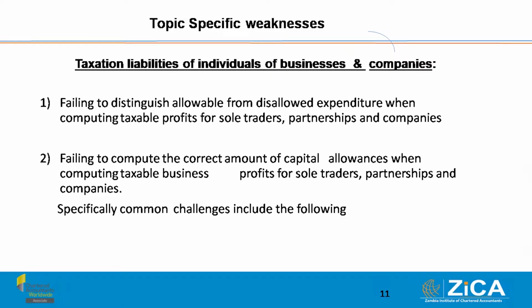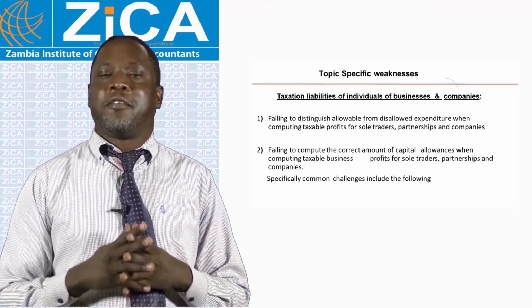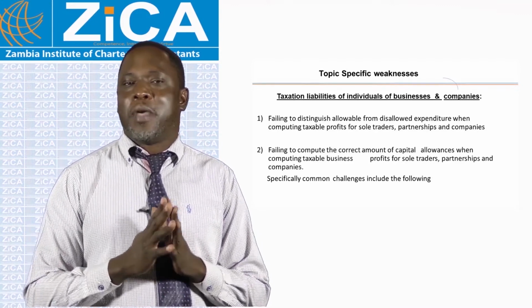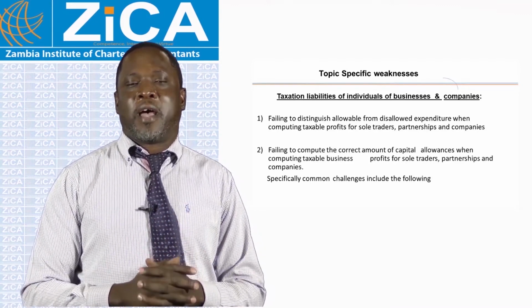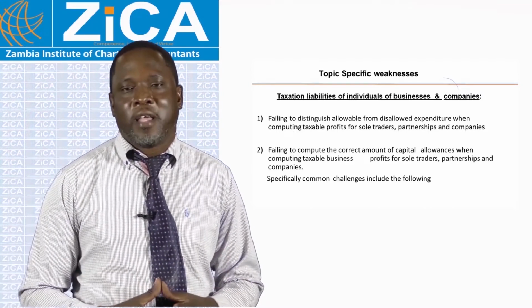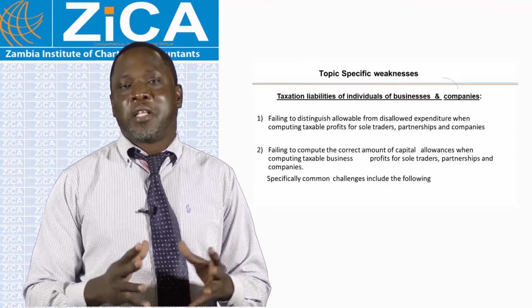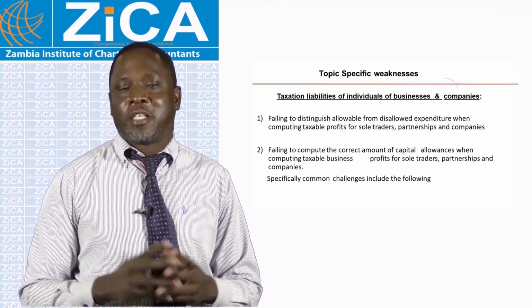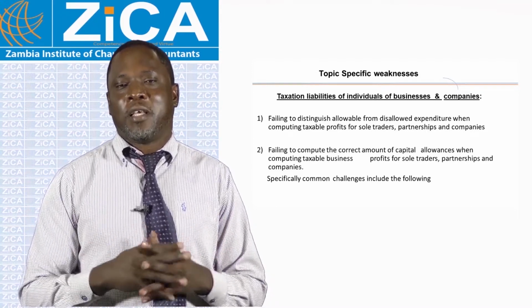Okay, what are the major issues candidates face when they are dealing with taxation liabilities for individuals, businesses and companies? So some of the major weaknesses are that when computing taxable business profits for a sole trader, a partnership or a company, students normally fail to distinguish between allowable expenditure and disallowed expenditure.